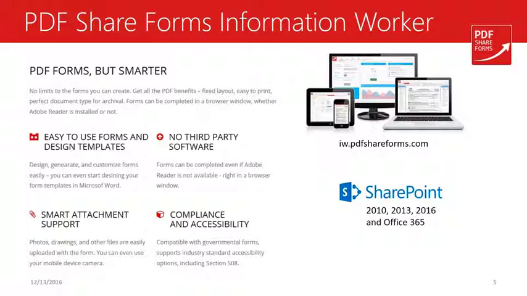And now let's go closer to the product. So PDF Share Forms Information Worker, what is it? First of all, the main goal of the product is PDF form integration to SharePoint. It enables bidirectional synchronization between form fields and SharePoint columns.